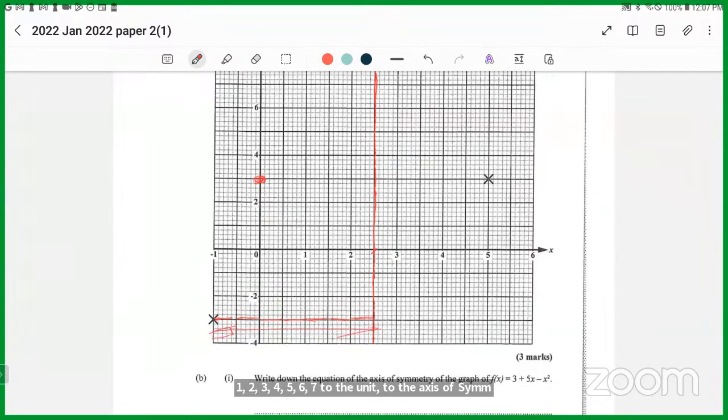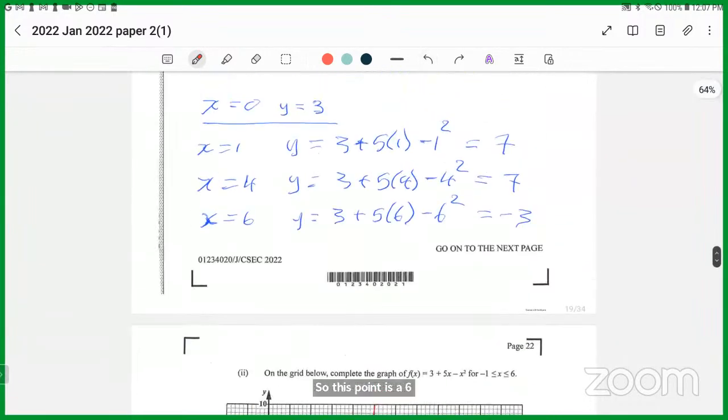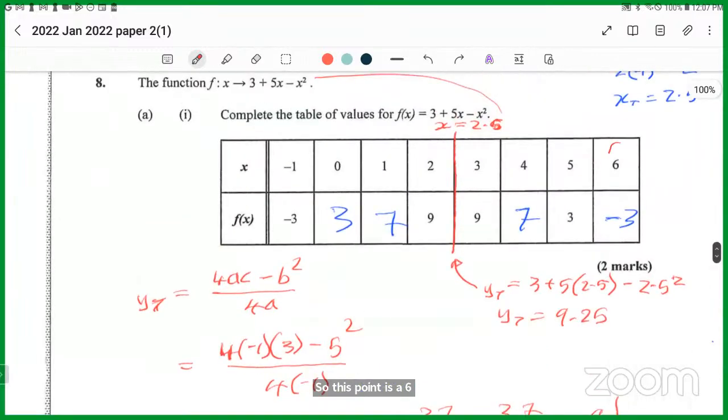So there's a point like this on the other side of the axis, 7 units from the axis. 1, 2, 3, 4, 5, 6, 7 right here. There's a point right there. What point is that? (6, -3). So this point is a (6, -3) point that we have over here.